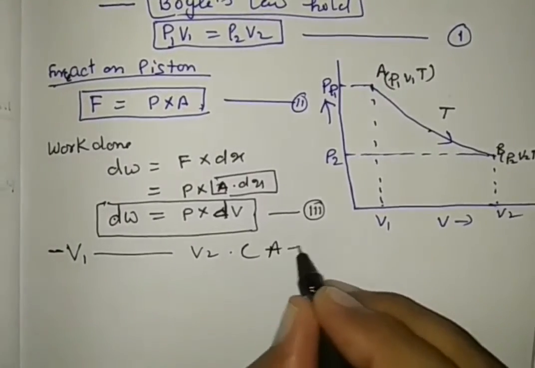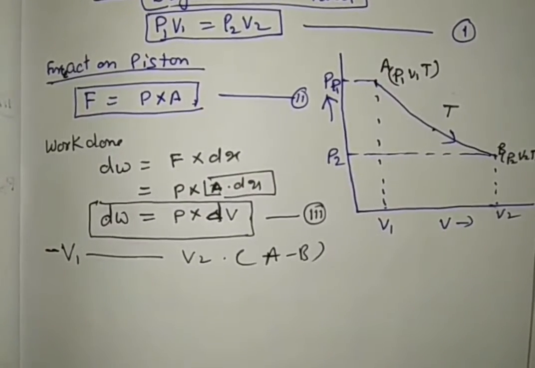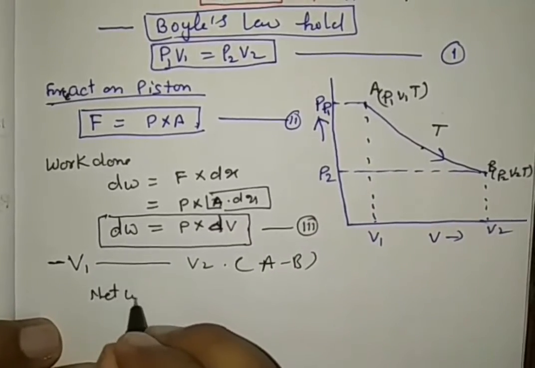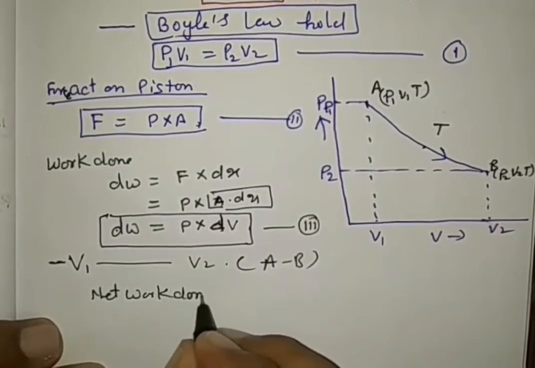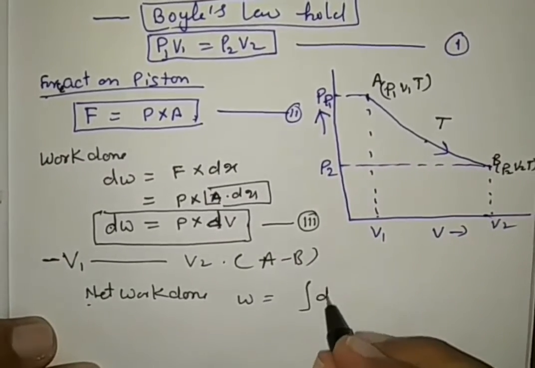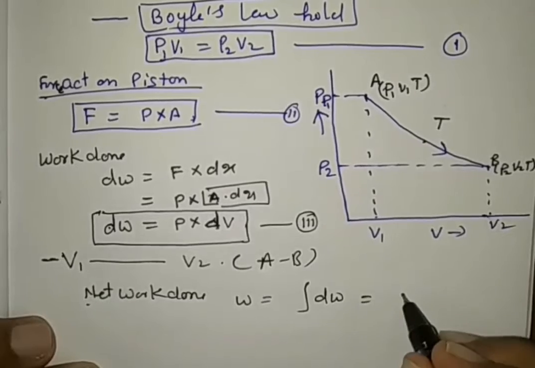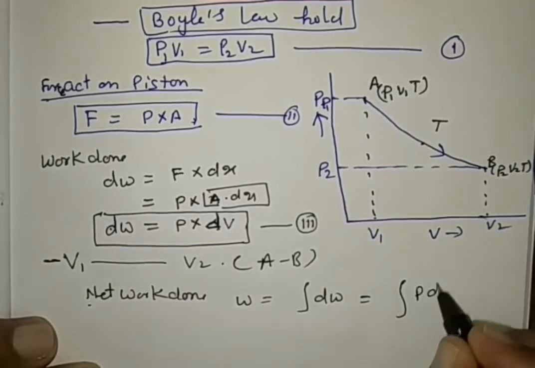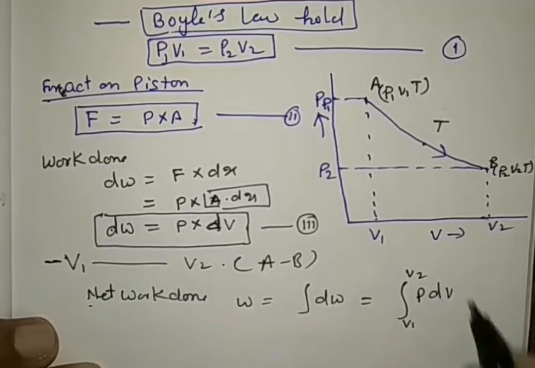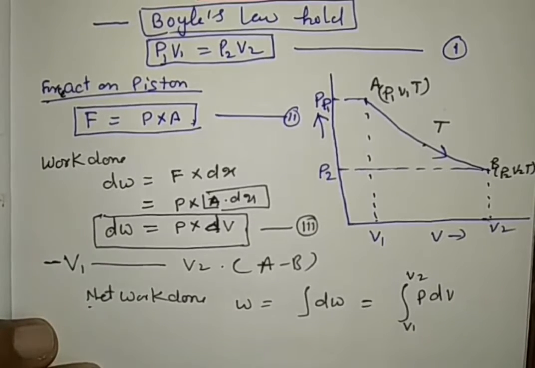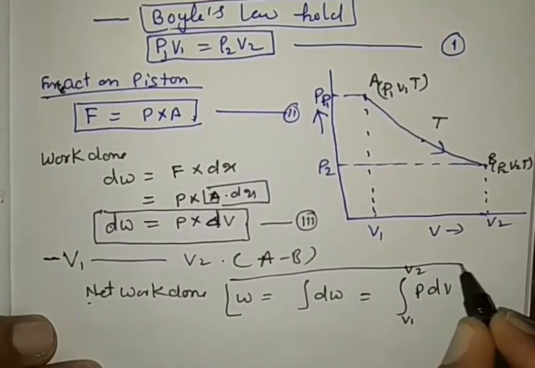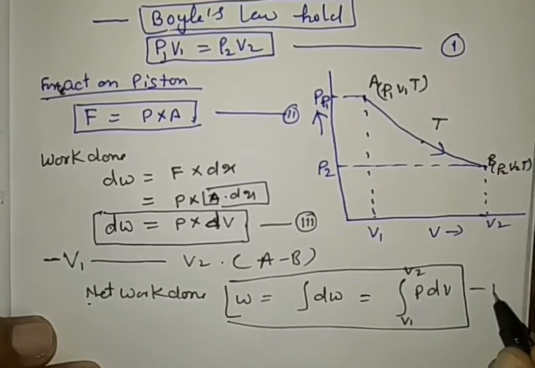Then the net work done W can be written as integral dW is equal to integral P dV from V1 to V2. So it can be written as equation number 4.